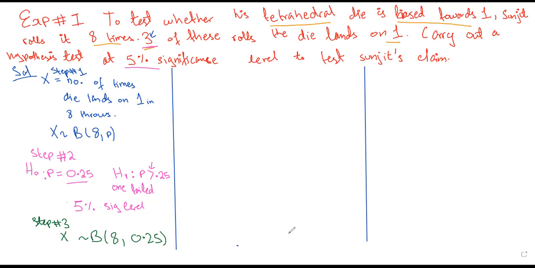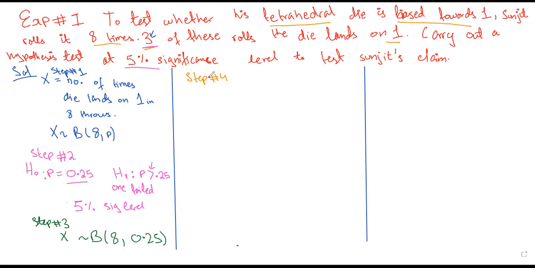Now let's use a different color, yellow. Okay. Now it is step number 4, and you have to state the criteria for rejection of H naught. Okay.